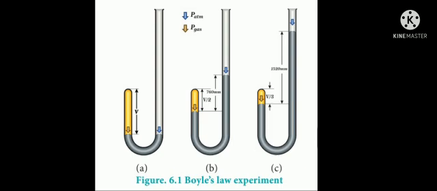In the picture, yellow color on the left side indicates the volume of air, given by V, and the gray color indicates the volume of mercury.